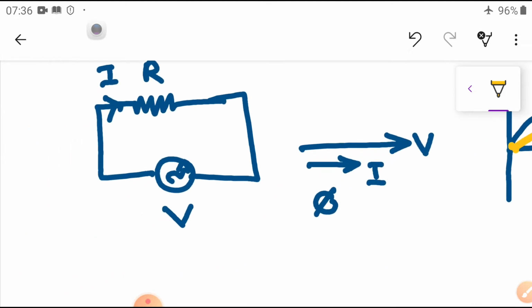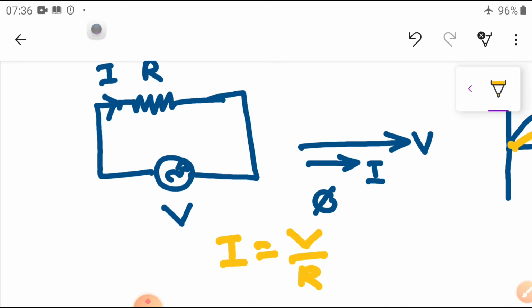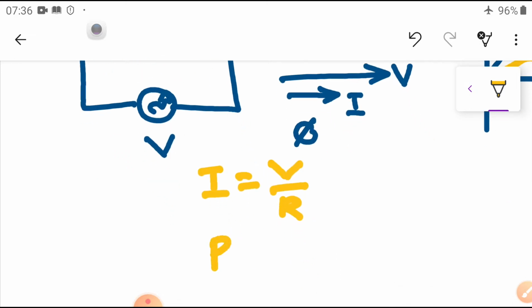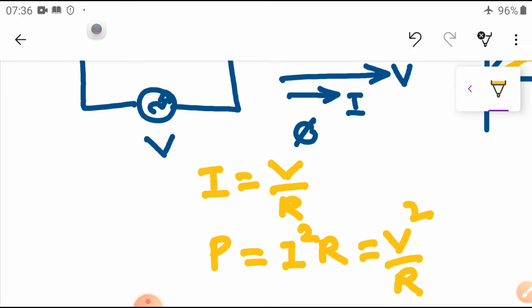And we have seen that current is equal to simply voltage by resistance, and power is equal to I square R, V square by R, V into I. Okay. These we have seen in the previous class regarding pure resistance.